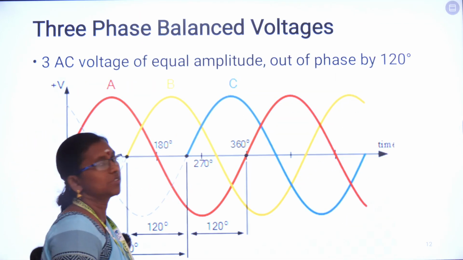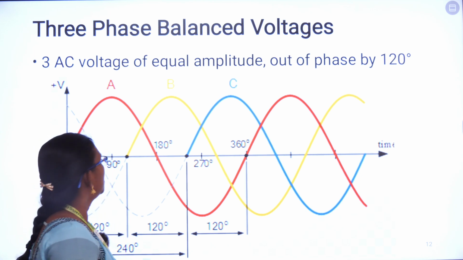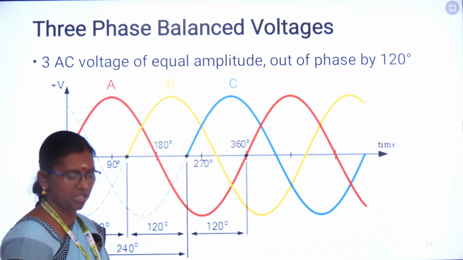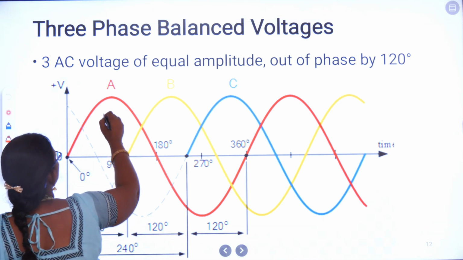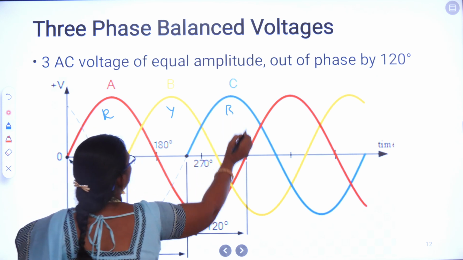This is the waveform of three-phase voltages or three-phase currents. Here we can see we generally represent the three phases with R, Y and B. So this is the R phase, this is the Y phase and this is the B phase.